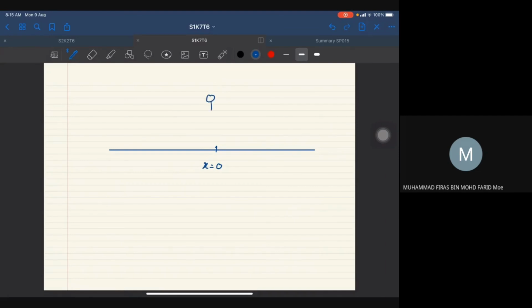Now the person is traveling from x equals 0 to x equals 4. This is the second position. So at B, this person has traveled positive 4 meters to the right.